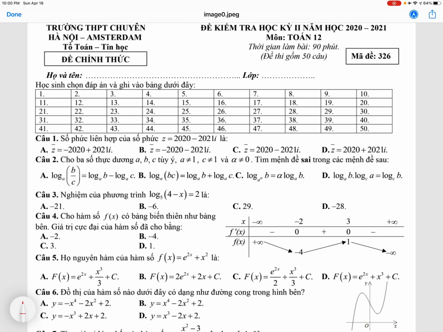Okay, so this is an exam that typical folks in Vietnam, I mean the last year student, 12th grade, take in their school year. It's supposed to last 90 minutes, and it has 50 multiple choice questions.